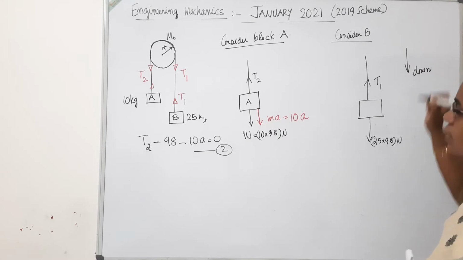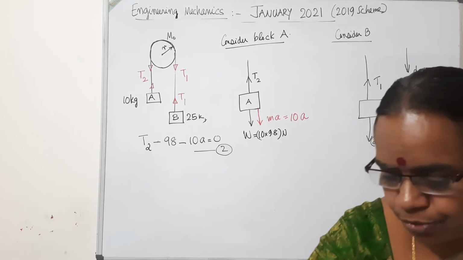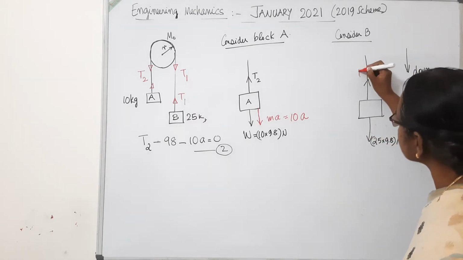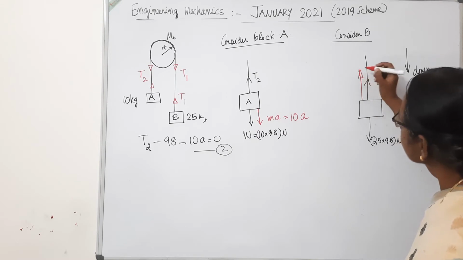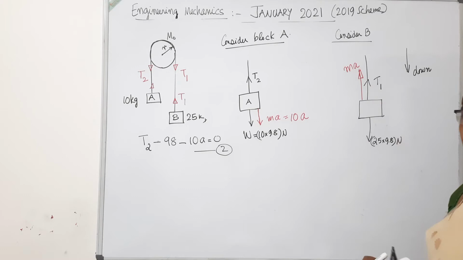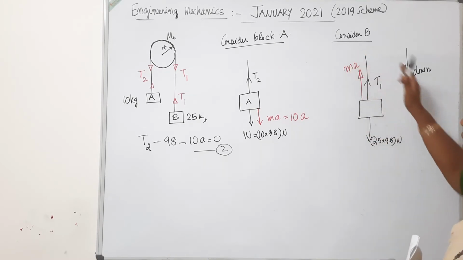The body is moving downwards. So we have to apply the inertia force opposite to this, in the upward direction, which is equal to mass into acceleration. We apply the inertia force opposite to the direction of motion. Now this is in equilibrium.